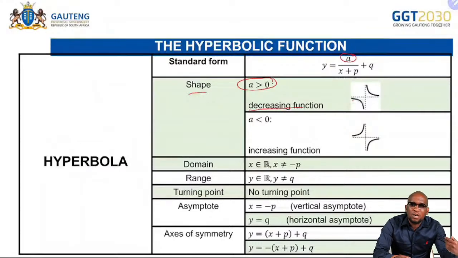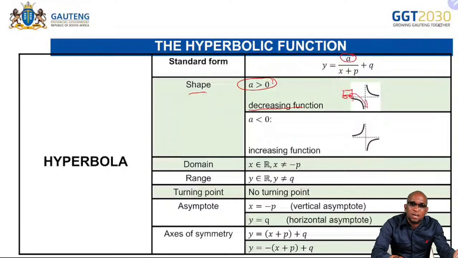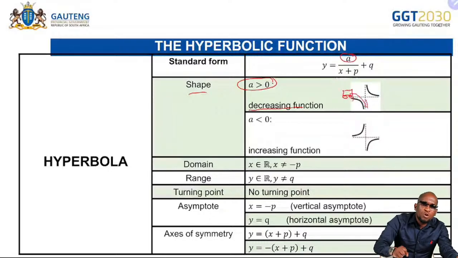Normally, to explain the concept of increasing and decreasing function, I'll make use of that toy locomotive car and I'll place it on my graph and move it from left to right. For example, if I place my toy car here, from left to right, you'll see that it goes down, which means it is going downhill. So we are saying it's a decreasing function.